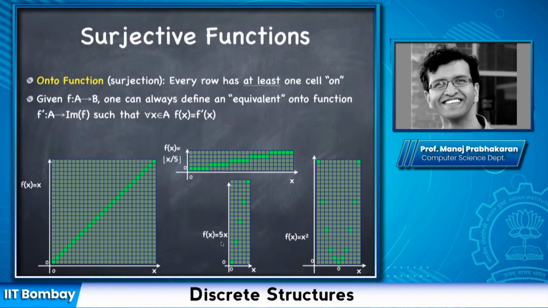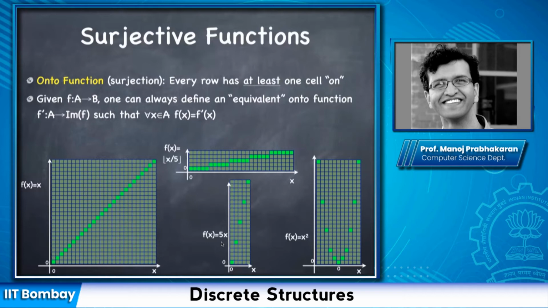Of course, you may not want to do that because it may not be easy to see what the image is. You might still want to define the function before knowing what its image is. So not every function you define would be onto, or alternately, because the image is just a difficult set to describe, you would not define it as an onto function.